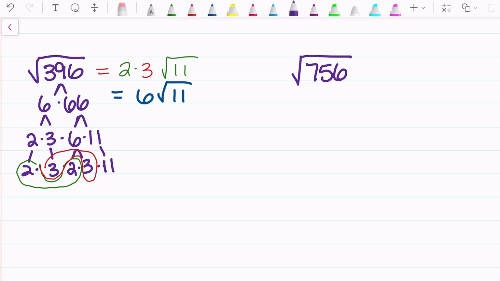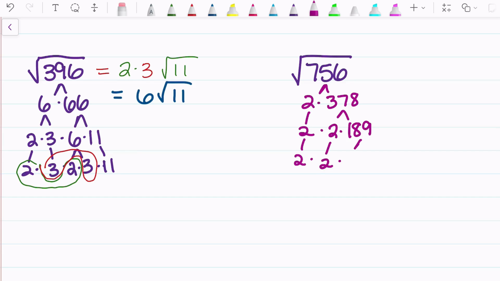We'll do 2. So I could say, all right, well, this is 2 times 378. Bring down my 2, 378. And I'm typing this into Desmos on another screen, is 2 times 189. All right, well, that's not even, so I can't divide it by 2. So I'm going to try 3. 189 divided by 3 gives me 63.